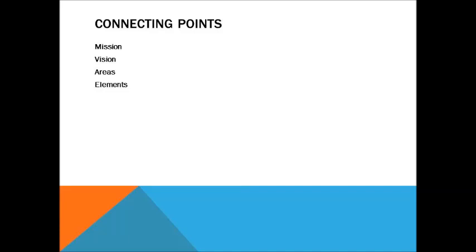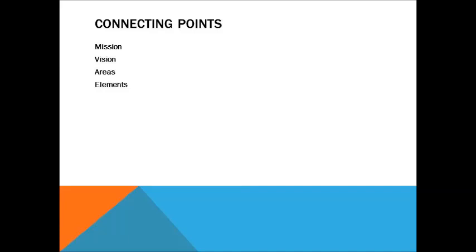So these are some of the connecting points that we are able to check in terms of the business balanced scorecards. And this is one more way in which we can understand the entire system for the balanced scorecards. Now let us analyze it step by step.